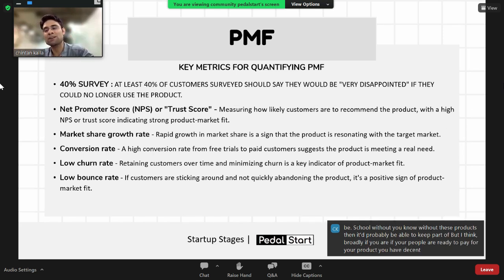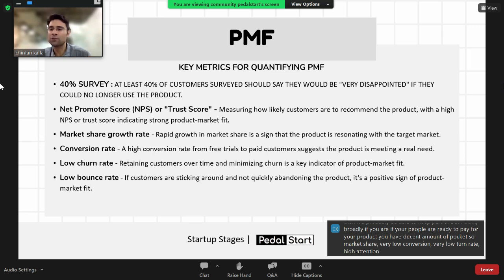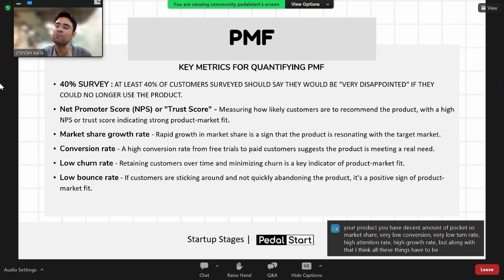decent amount of market share, very low conversion, very low churn rate, high retention rate, high growth rate. But along with that, I think all these things have to be supplemented by a lower marketing cost.